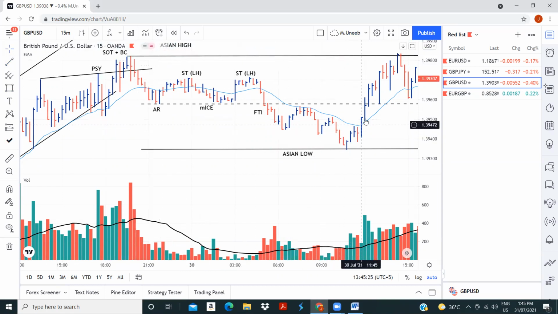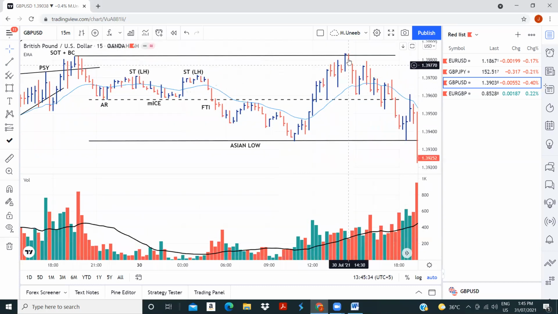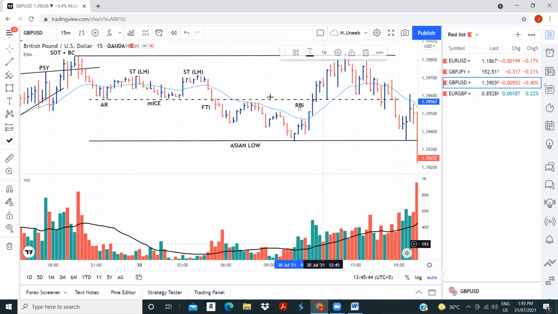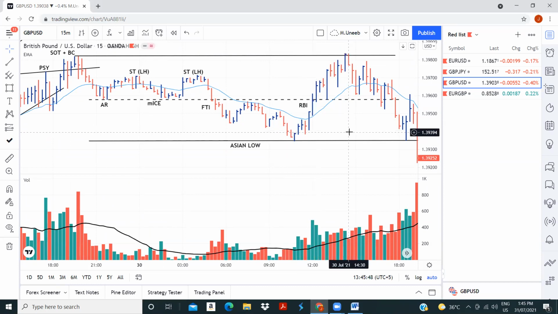Now you can say that at London Open, if you take the trade over here, you're going to suffer a loss. The market went this way in your favor and then came down, so you will suffer a loss. You cannot take this, and you will say this is RBI. This is actually not RBI, because RBI should have a characteristic to follow. What characteristic should RBI have?